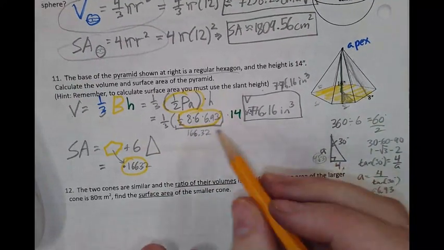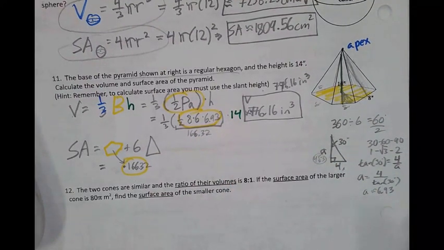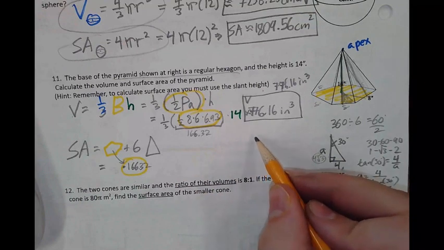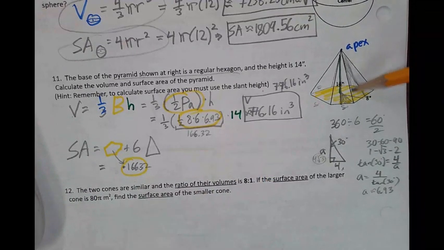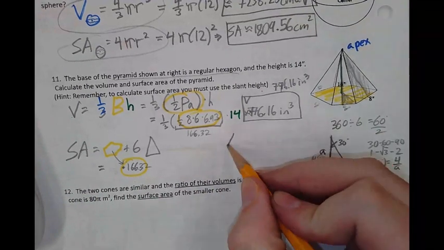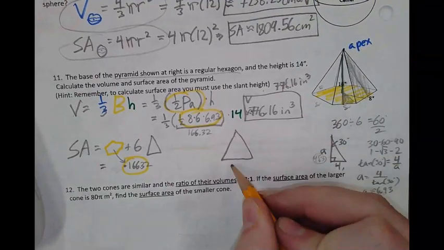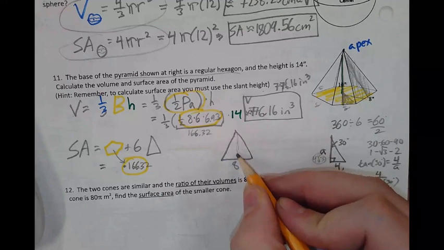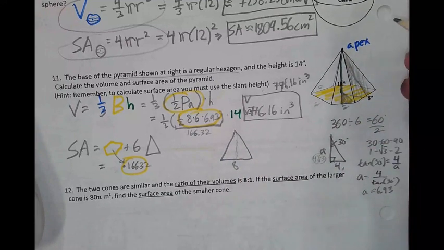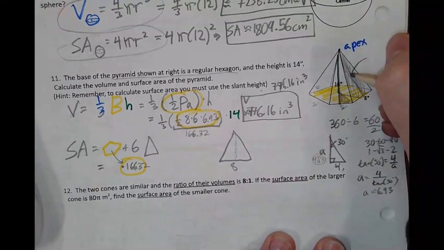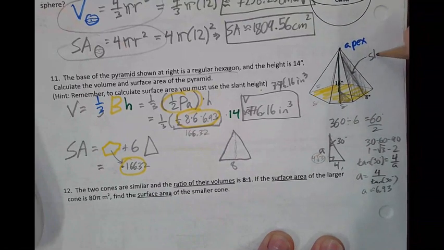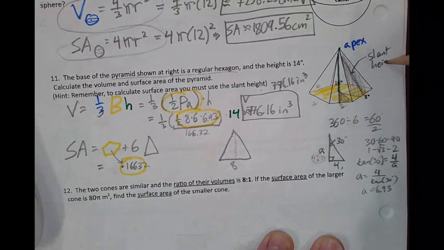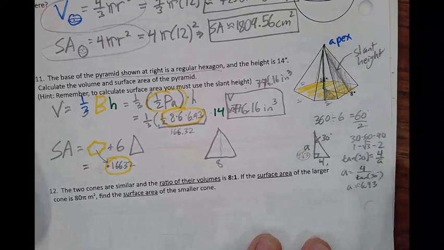And the area of 6 triangles would, let's figure out the area of this one triangle right here. The area of the one triangle, it looks like this. It's a base of 8 and a height of unknown. Remember, it's not the vertical height, but the slant height. So we need to figure out what the slant height is. We do this by the Pythagorean theorem.